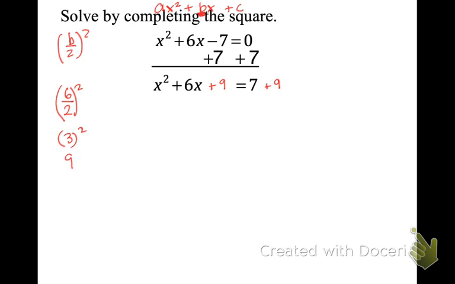So now I'm ready to factor. It's a parenthesis. Okay, so that factors to x plus 3. All I really have to look at is this one and this one. It's a plus sign, so it's (x plus 3) squared equals 16.